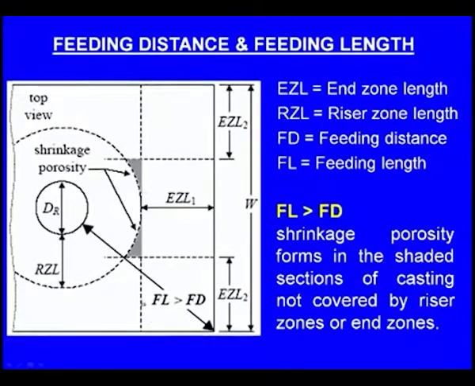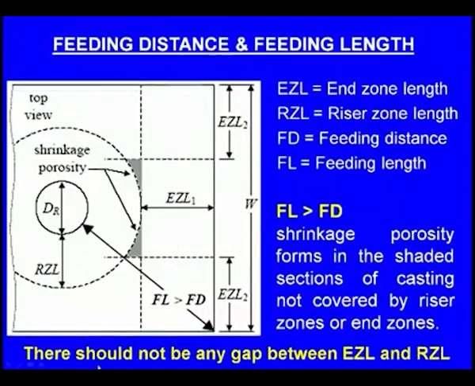Now, what about this shaded portion starting from here? It is not covered by the riser effect or by the end effect, so a shrinkage cavity will be there. Why is there a shrinkage cavity? Because in this case the feeding length is greater than the feeding distance.